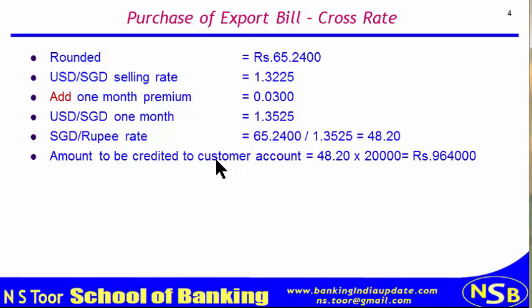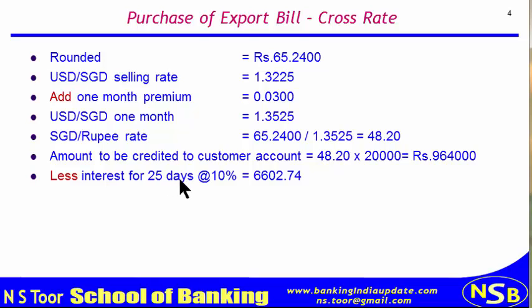Now amount to be credited to customer's account. The total amount is 20,000 Singapore dollars and the rate is 48.20. Hence this is the total amount payable to the customer. But out of this we shall deduct the interest for 25 days, that is the transit period.